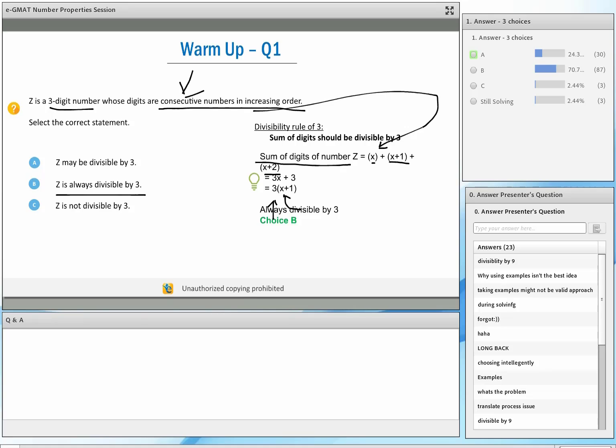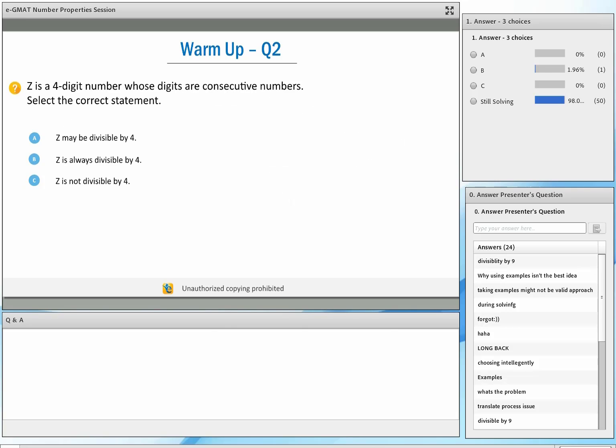go to our next question, and there it goes. Please click on still solving. Okay, let's go ahead and solve this.